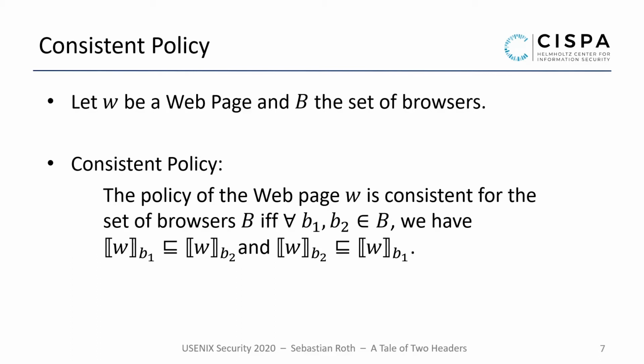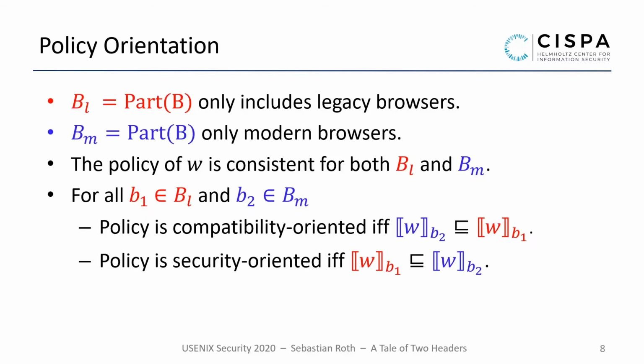To improve the protection, the website might additionally deploy CSP frame-ancestors example.com. Thus, the revised framing control policy is consistent for Edge and Chrome because CSP takes precedence over XFO. Hence, the users of these two browsers are equally protected.